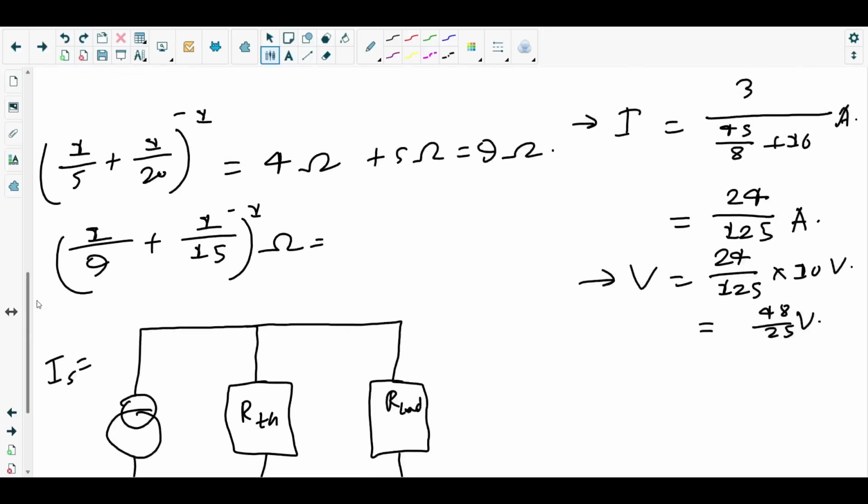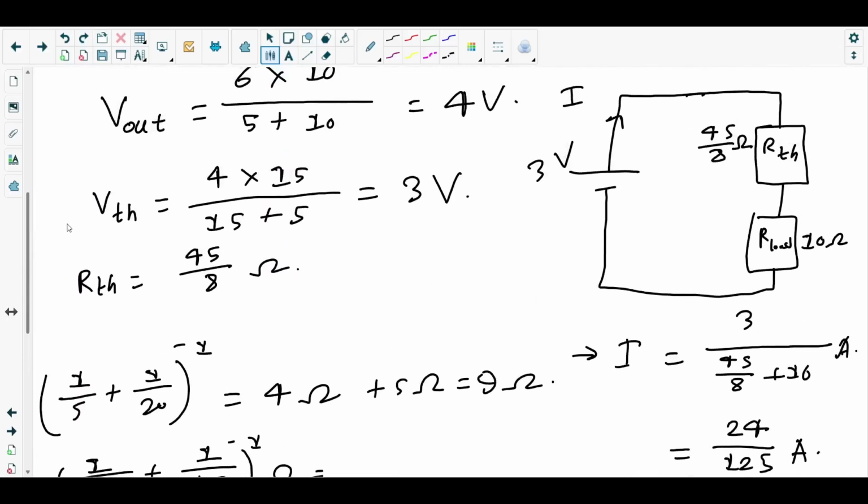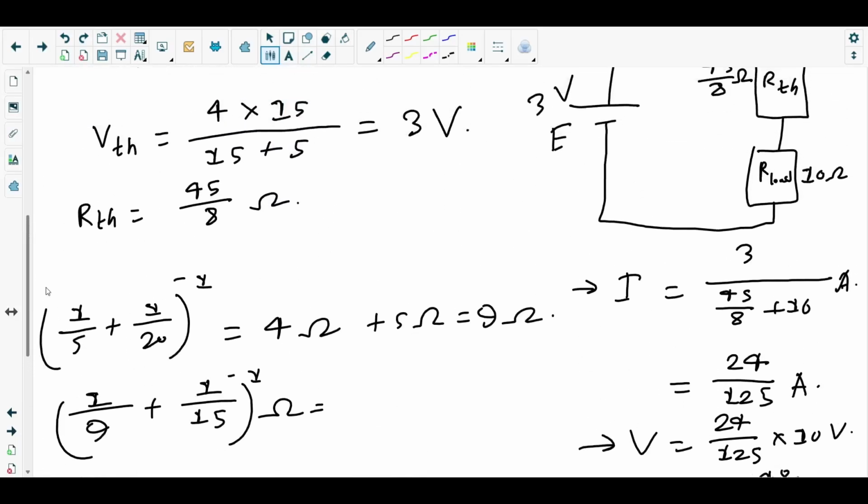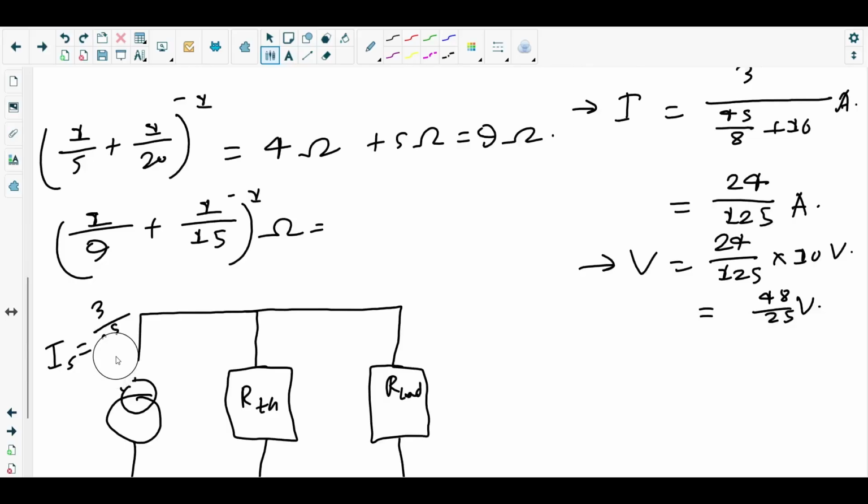So IS equals E over RTH. So 3 over 45 over 8 amps. So the current you will get is 3 over 45 over 8, that is 8 over 15 ampere.